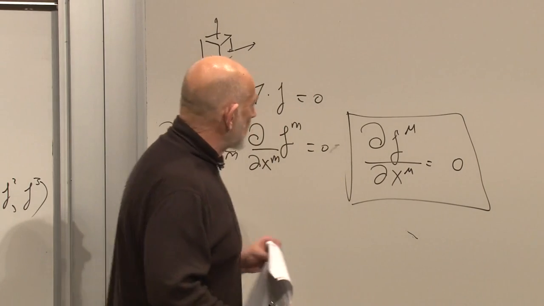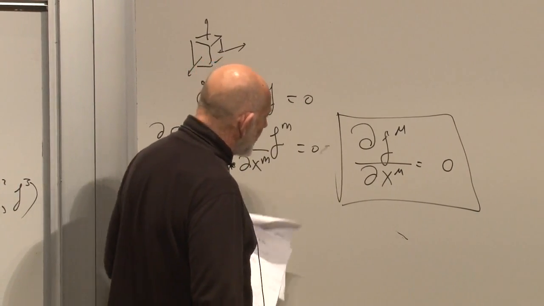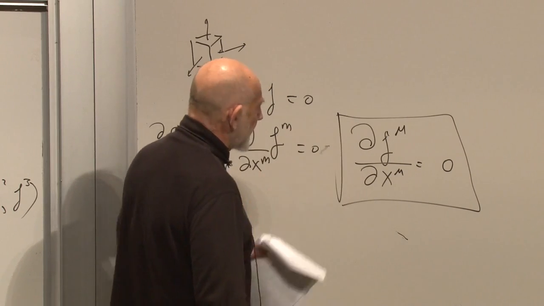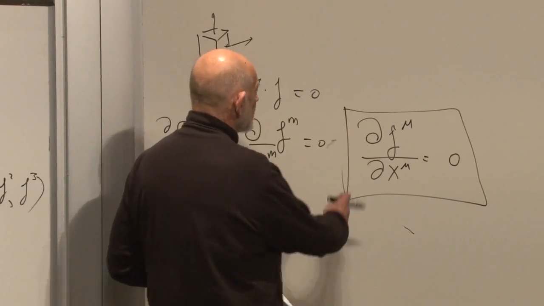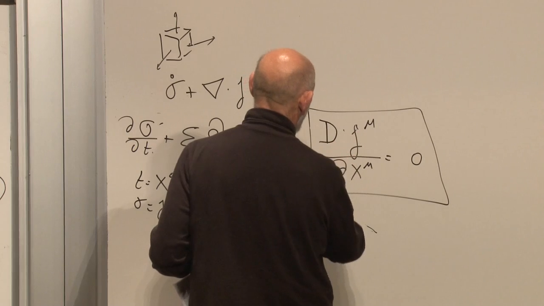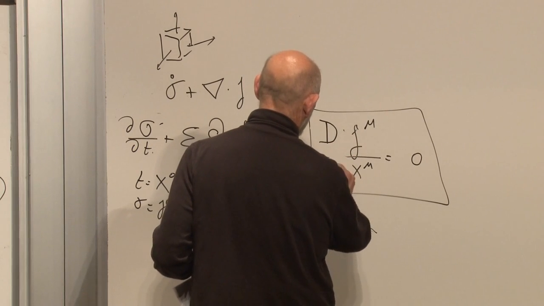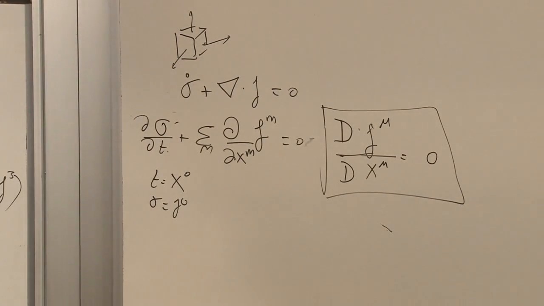In curved coordinates, in general, if you had a thing like this, this would be correct in ordinary coordinates. In curved coordinates, you might replace this by the covariant derivative. Remember about covariant derivatives of tensors. It turns out in this case it doesn't matter.